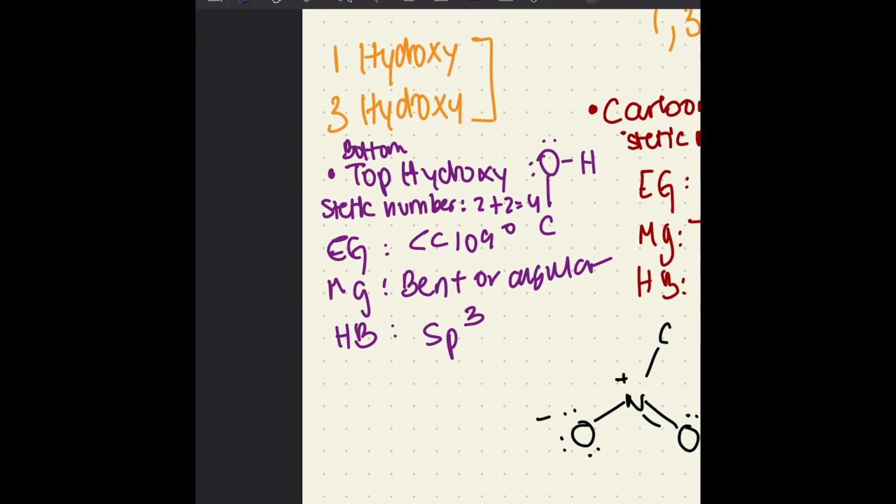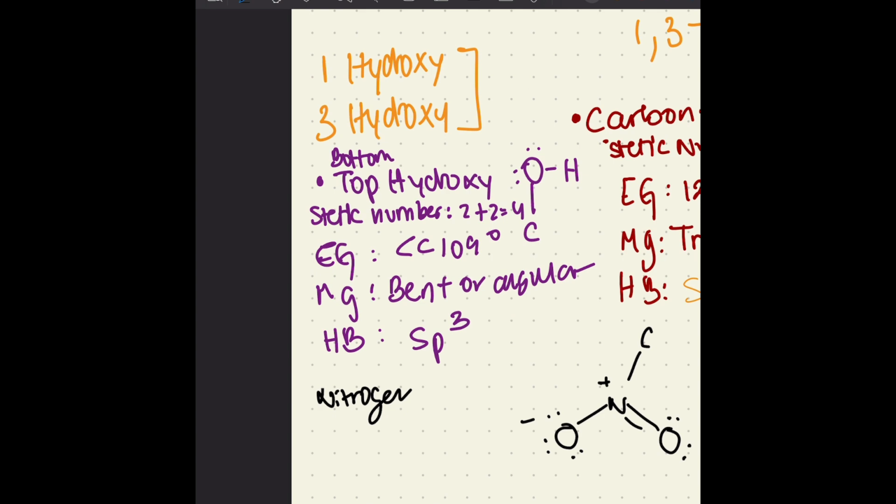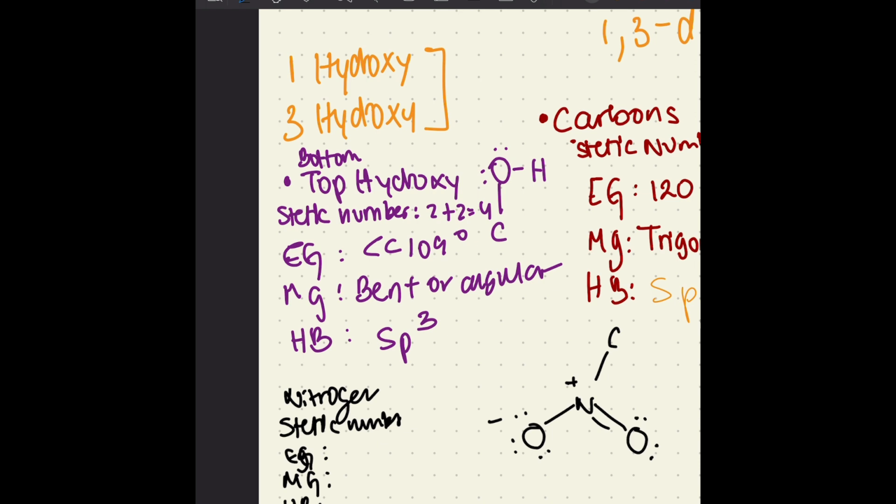Now the only one that is left is nitrogen. For the steric number for nitrogen, it is attached to 3 atoms and it has no lone pairs in this case. So 0 plus 3 equals 3.